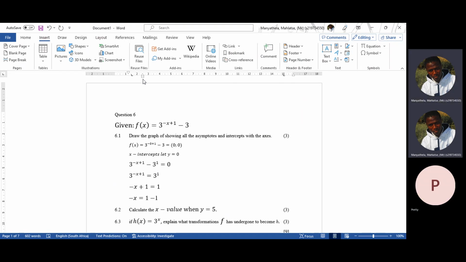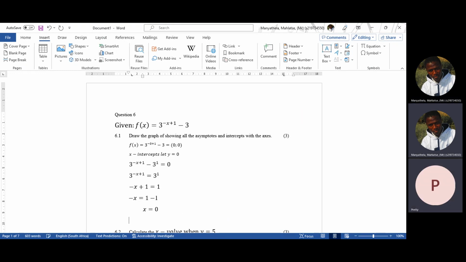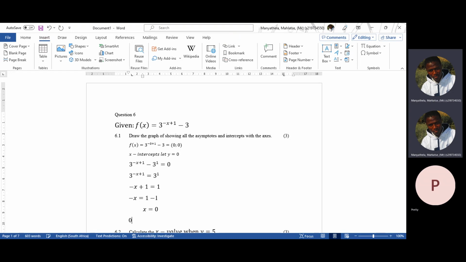So 1 minus 1 gives you 0. So the value of x is equal to 0. So our x-intercept is 0 and 0.